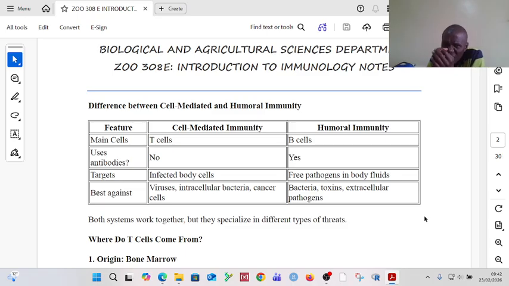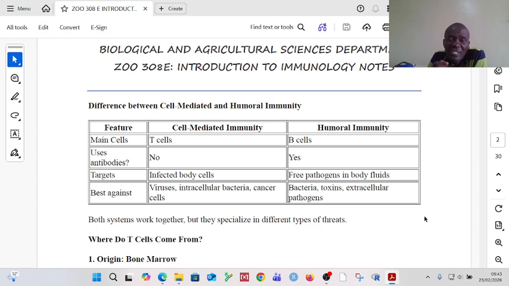So humoral immunity is different from cell-mediated immunity in several ways. The cells that play the main role in the two types or branches of immunity are different.